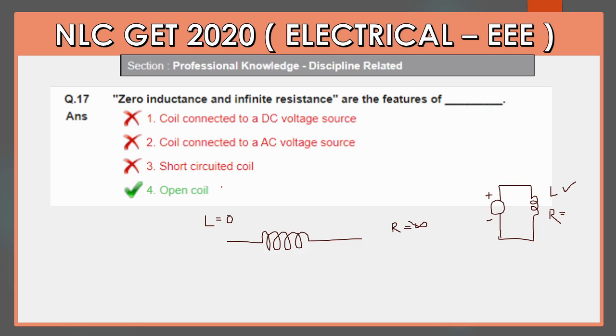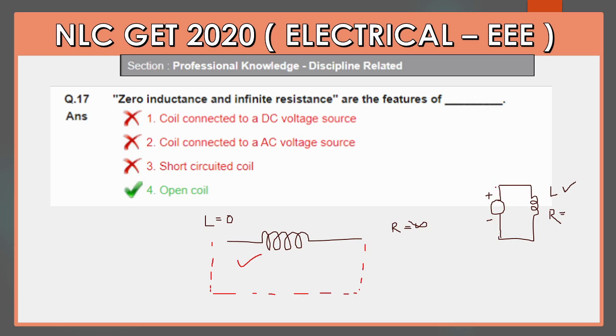Let's see the next question. The question is saying zero inductance and infinite resistance are features of what? If you take an open coil, you can see it is not connected to any source. So you can say L is 0 and R is infinite.